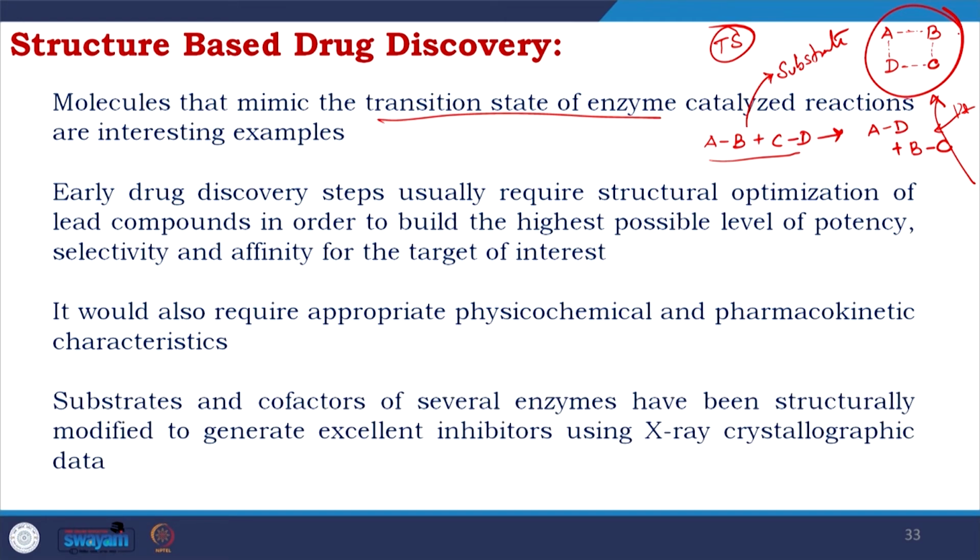Substrates and cofactors of several enzymes have been structurally modified to generate excellent inhibitors using X-ray crystallographic data, because that gives you the highest resolution, though cryo-electron microscopy is surprisingly going to higher and higher levels of resolution, and now they are providing atomic level resolution on a regular basis, which I have discussed earlier.